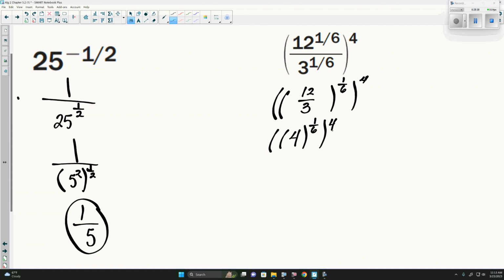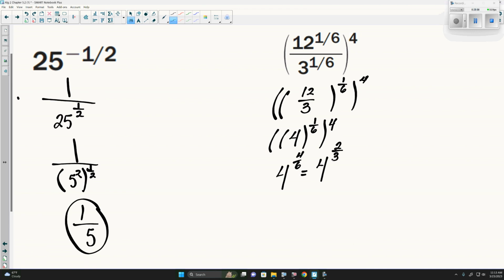Now 12 divided by 3 is 4. Now we can multiply our exponents. 4 times 1/6 is going to be 4/6. Now 4/6 will reduce to 2/3.